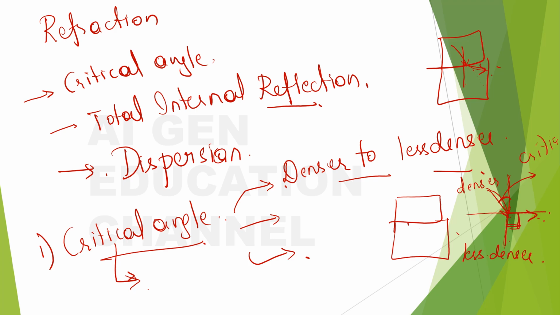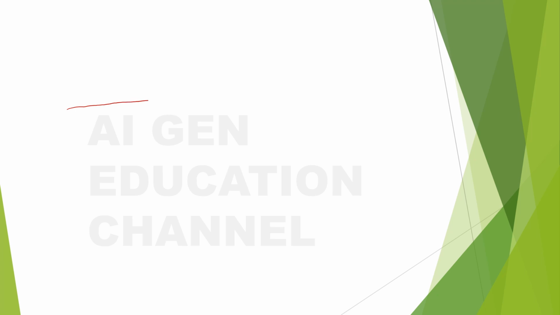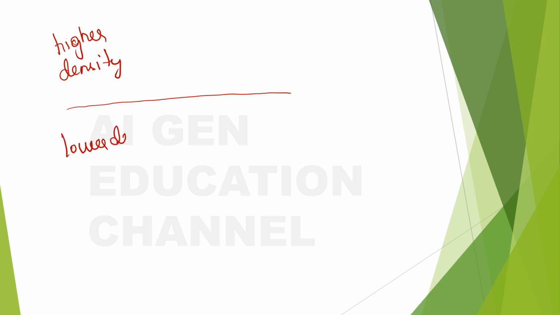You want me to explain again, I think, right? So I'll do that in the next page. I'll give a bigger picture. Assume this is the line of separation between the two mediums. So this is which medium? Yes, the higher density medium, and this is the lower density medium, right? So when an incident light ray falls here, you draw a normal, right?